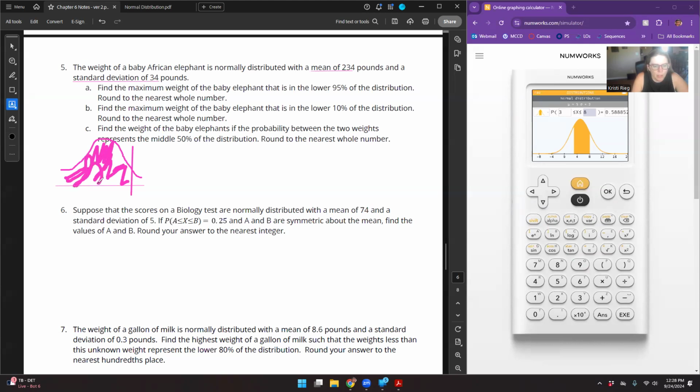We know this right here is, oh wait, what do we know? We don't know that, that's what we're trying to find out. But we know the mean is right there in the middle, and that is 234. And the other thing is we know the area.